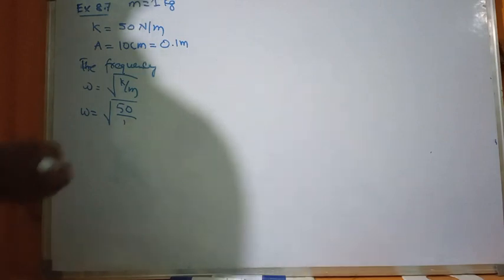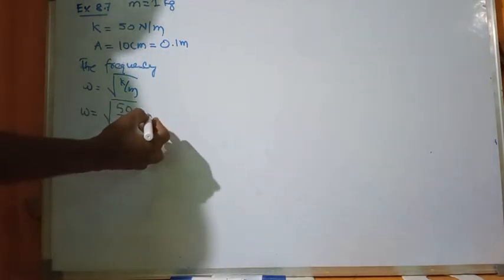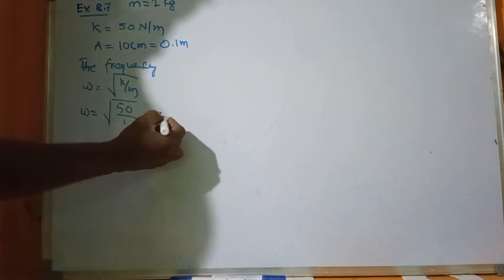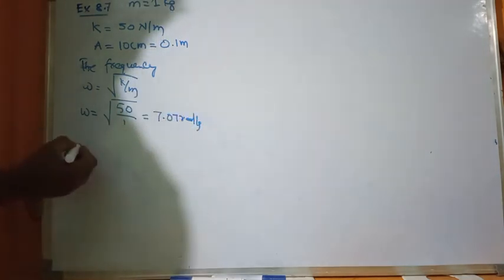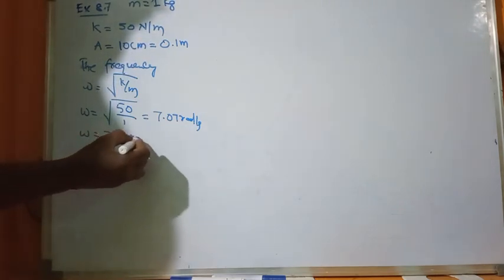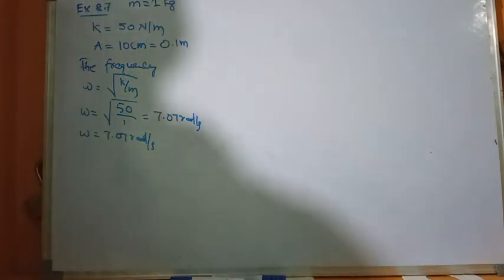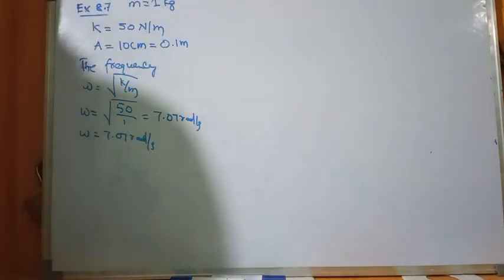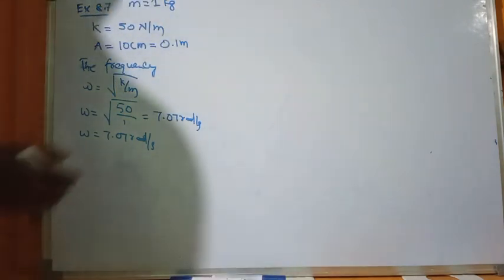After solving this, we get omega is equal to 7.07 radians per second. This is the angular frequency.